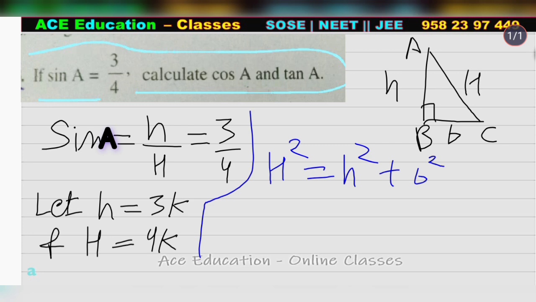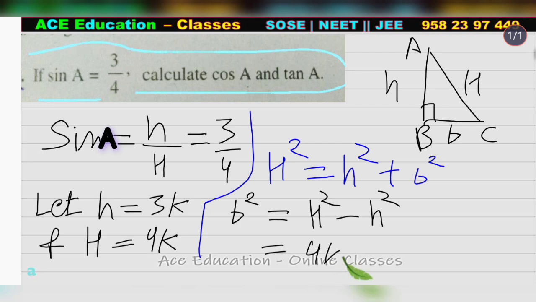And to calculate the base square, we can write b square equal to capital H square minus h square. Now we can put the value of hypotenuse, that is 4k, in the bracket with the square, minus the value of height, that is 3k, with the square in the bracket.